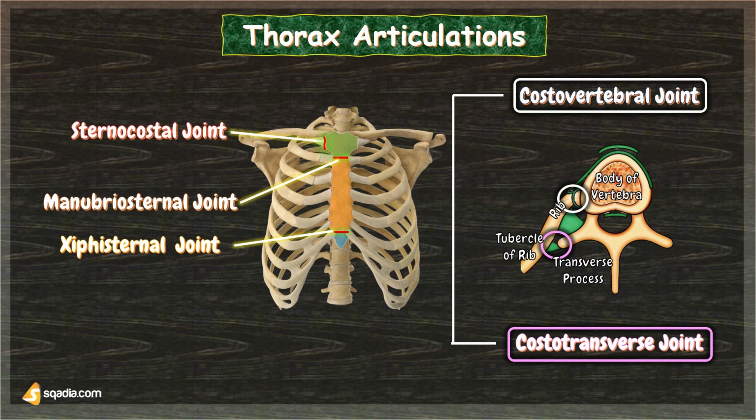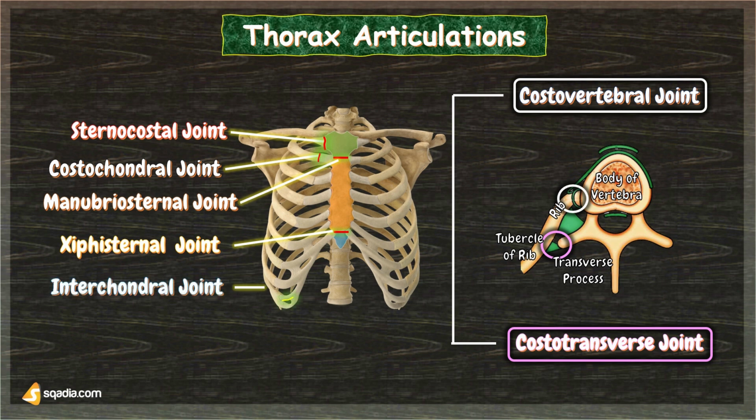The next one, slightly on the outer side, is the sternocostal joint. Then we have the joints that involve the costal cartilages. They are costochondral joint and interchondral joint. And of course, the two joints with the vertebra that we have already discussed, the costovertebral joint and costotransverse joint.